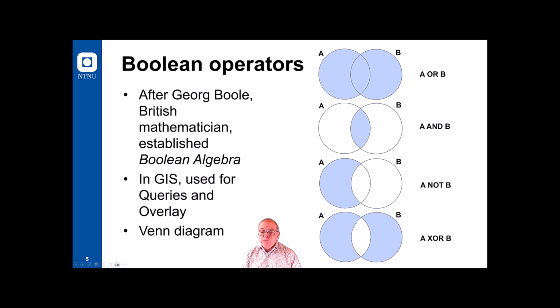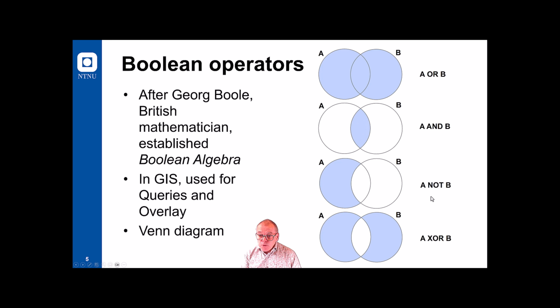If you use the operator AND, this is much more restrictive. Then you have to have the overlapping area. The overlap between set A and set B is then the request for this information. So only the part which is common to set A and B.